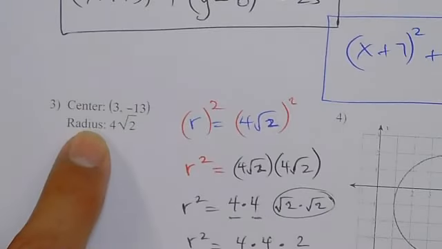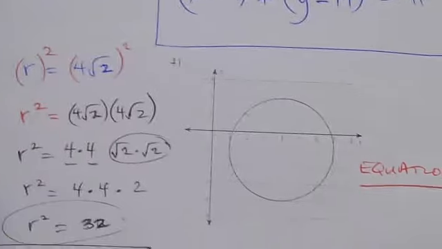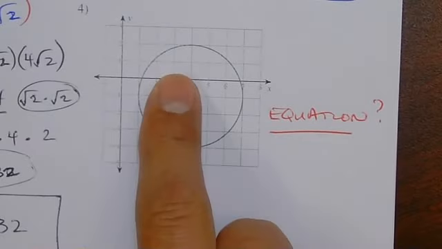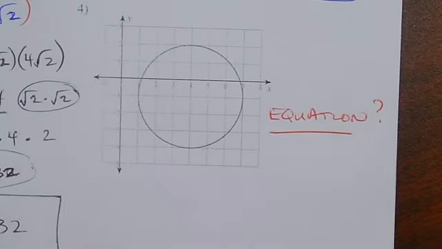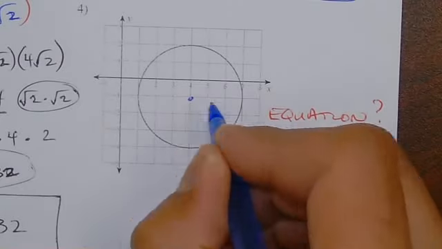Well, what 2 pieces of information have we been using? The center and the radius. Well, can you tell me what the center and the radius is? They're not going to give it to you directly, but you can find it.